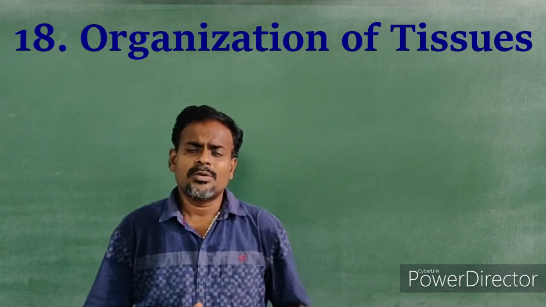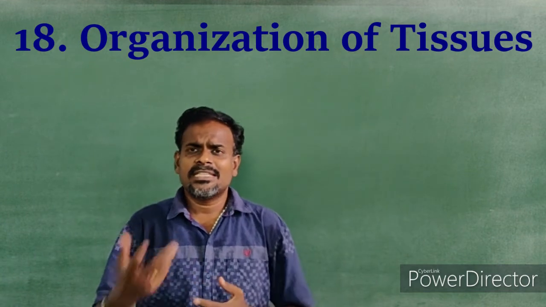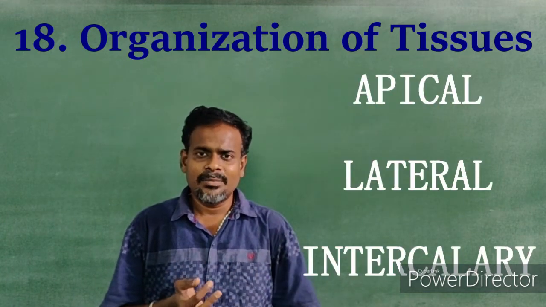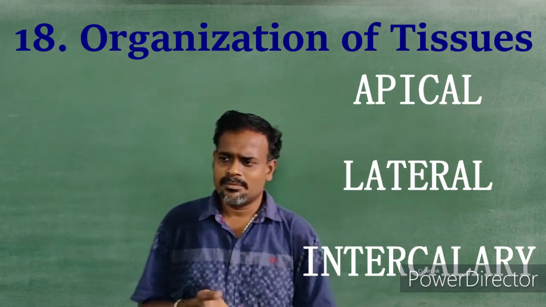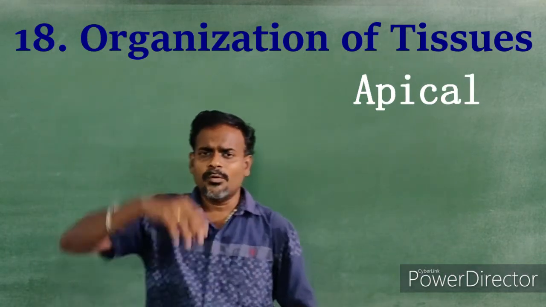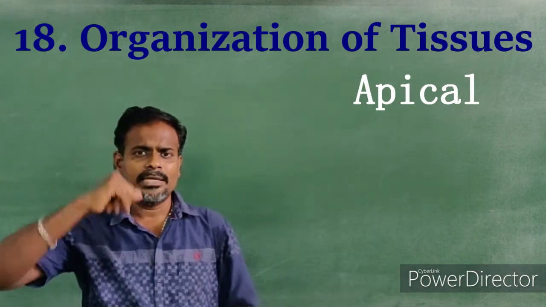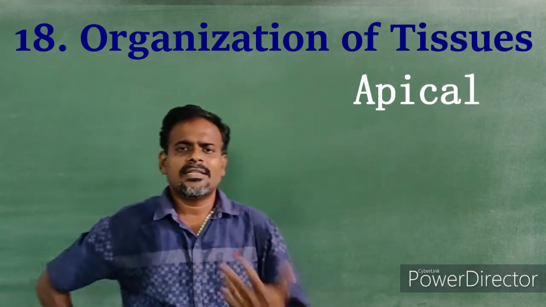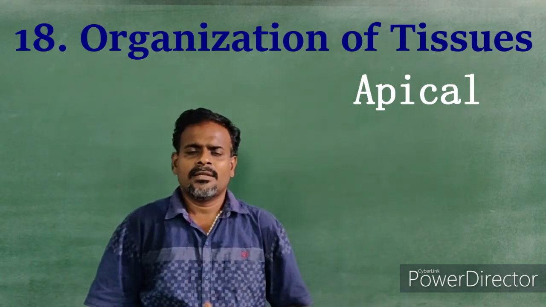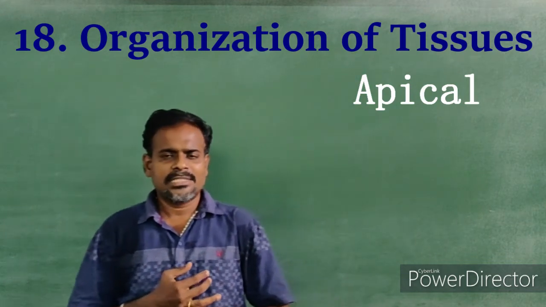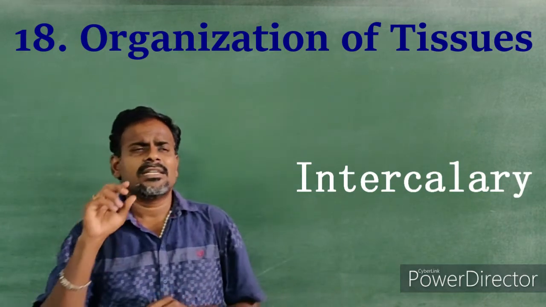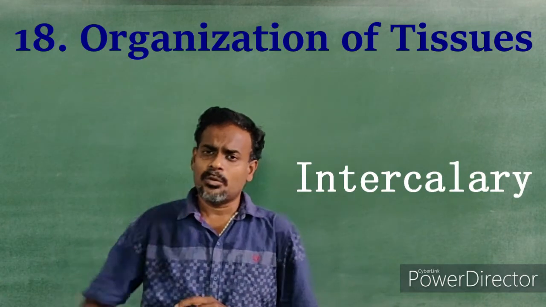Temporary tissues are also known as meristem, which is classified into three types: apical meristem, lateral meristem and intercalary meristem. Apical meristem is found at the two ends of a plant, one at the shoot system in the stem and the other at the root end. Apical means end. Then intercalary meristem is found near the internodes.